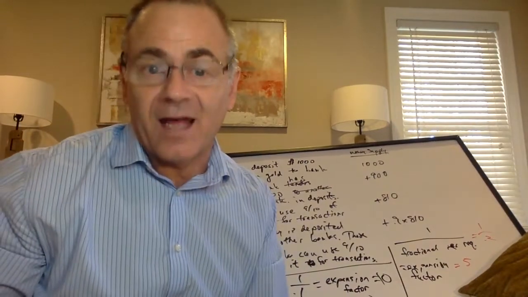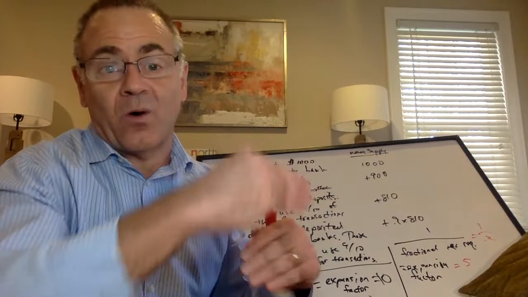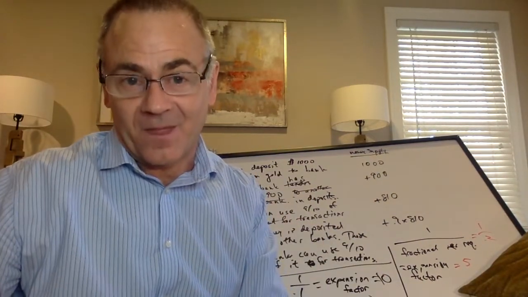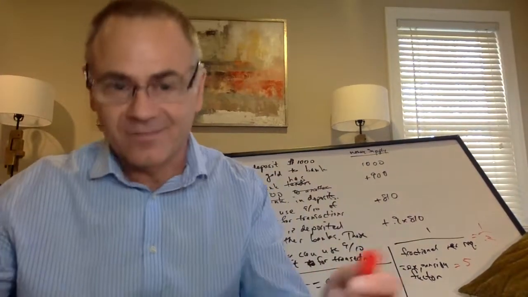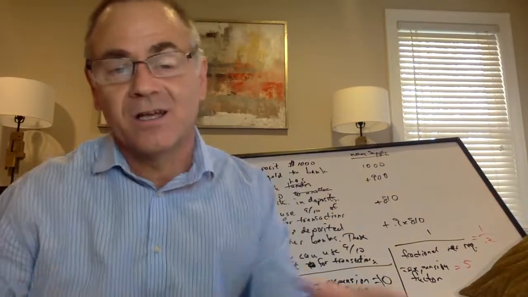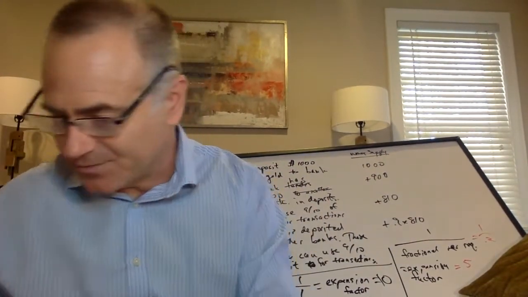What's the total money supply? Now it's only 5 trillion. So you can see when the reserve requirement goes up, the total money supply will go down. The total money supply just equals the original amount of currency times that expansion factor.